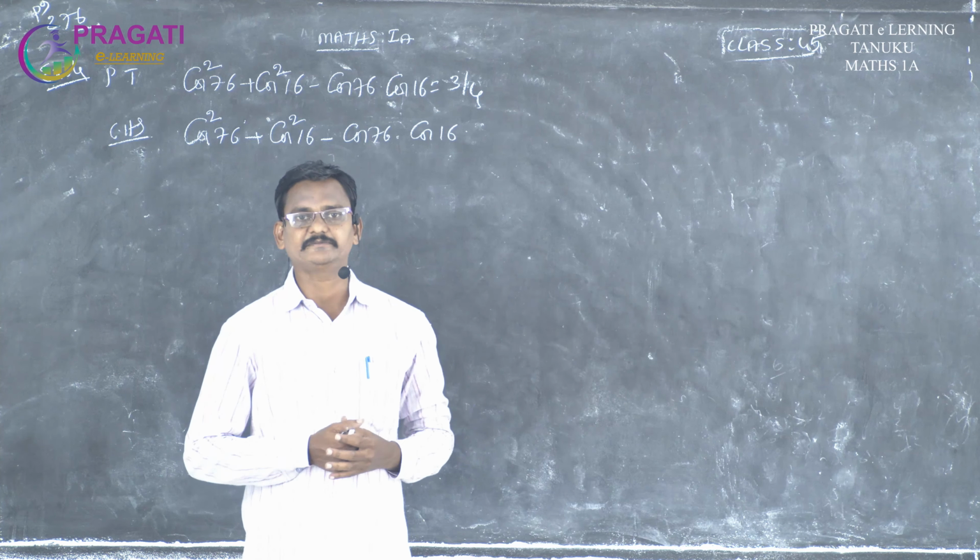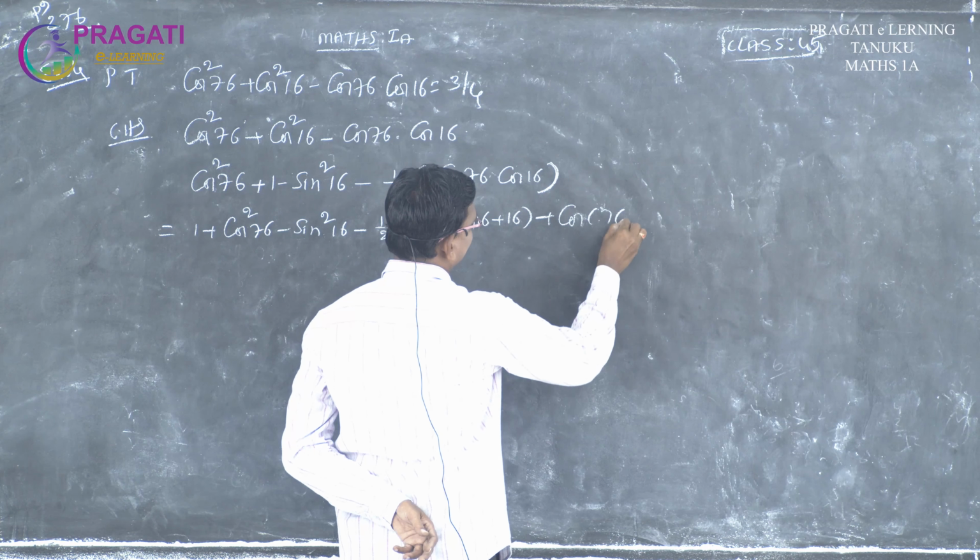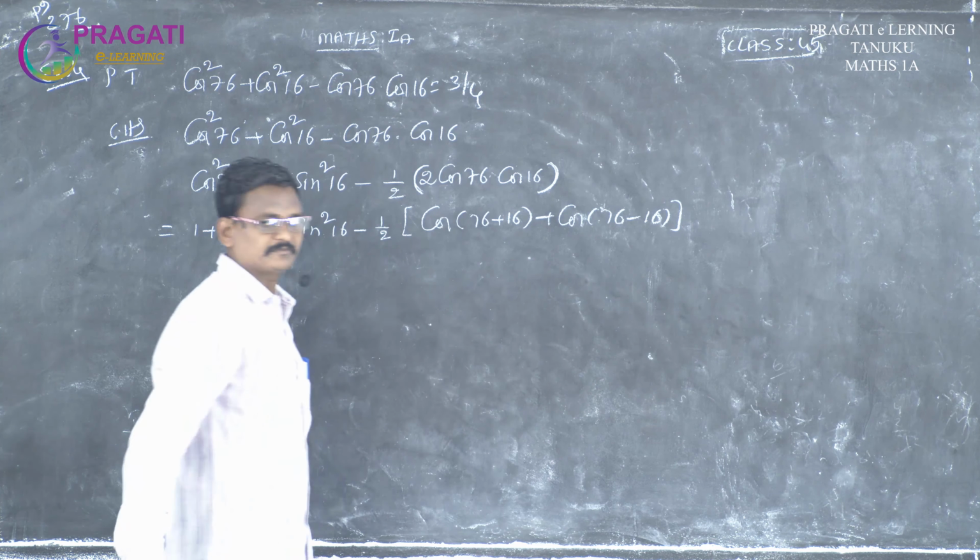Now 1 + cos² 76 − sin² 16 − 1/2 times, in brackets, the expression which represents one of the formulas. That formula is 2 cos a cos b, whose standard formula is cos(a+b) + cos(a−b).